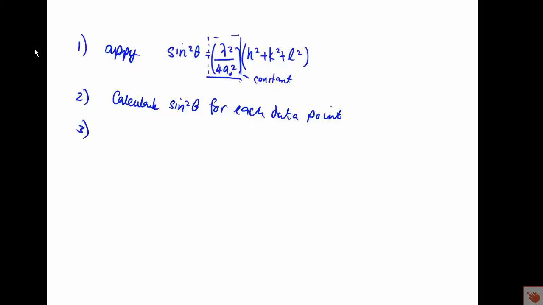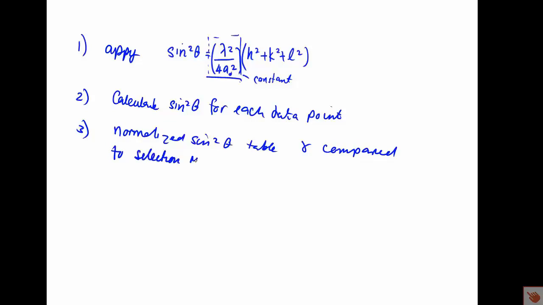So let's just reiterate what we just did. We applied this equation, we calculated sine squared theta for each data point, we normalized sine squared theta, made a table, and compared to selection rules to identify the crystal type or lattice type.